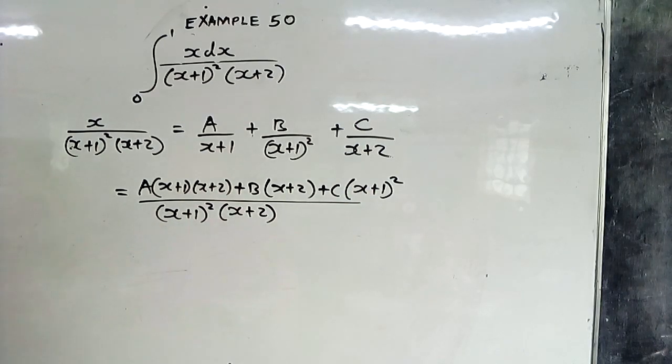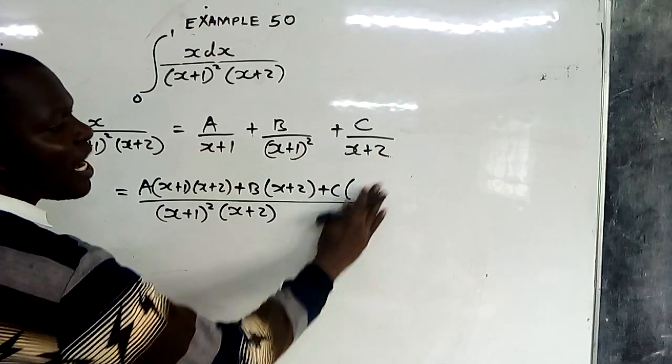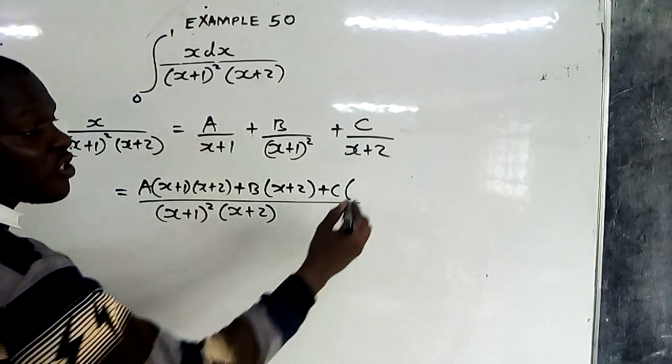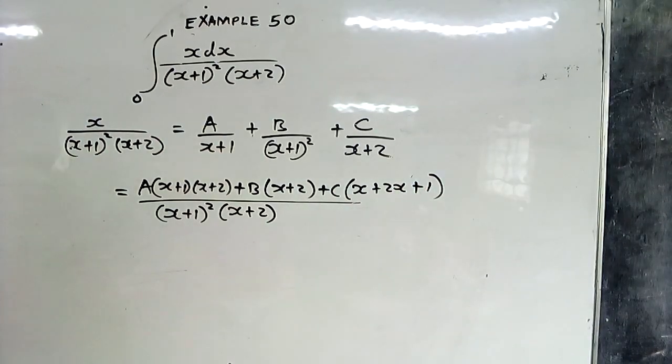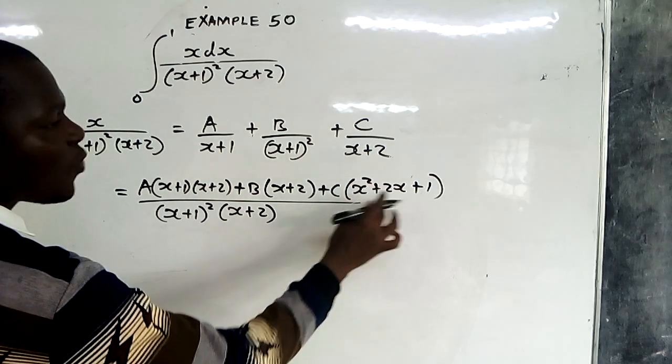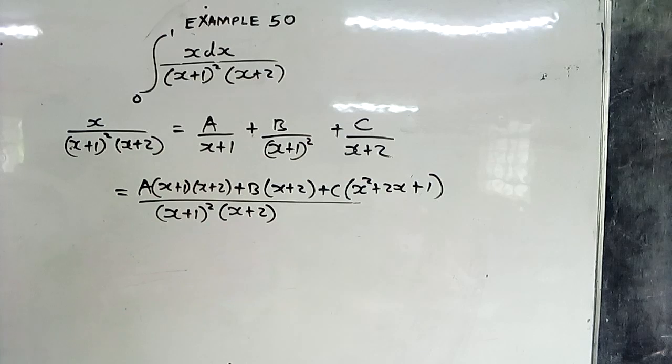So then, you now expand that last part. If you expand (x plus 1) squared, that's a quadratic identity. It is x squared plus 2x plus 1.